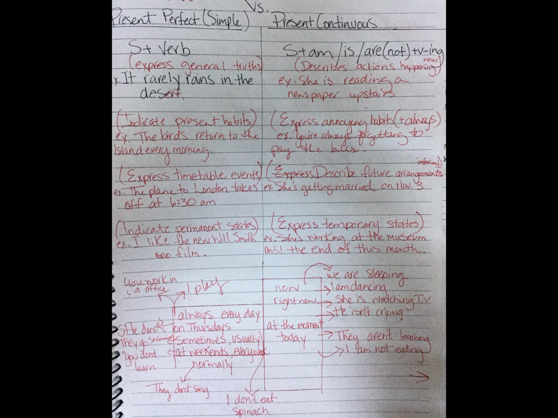We need to remember that present continuous also describes future arrangements. She's getting married on November 3rd. Future arrangement means we have a specific date and we know that something will happen on that date. We also need to remember present continuous expresses temporary states.